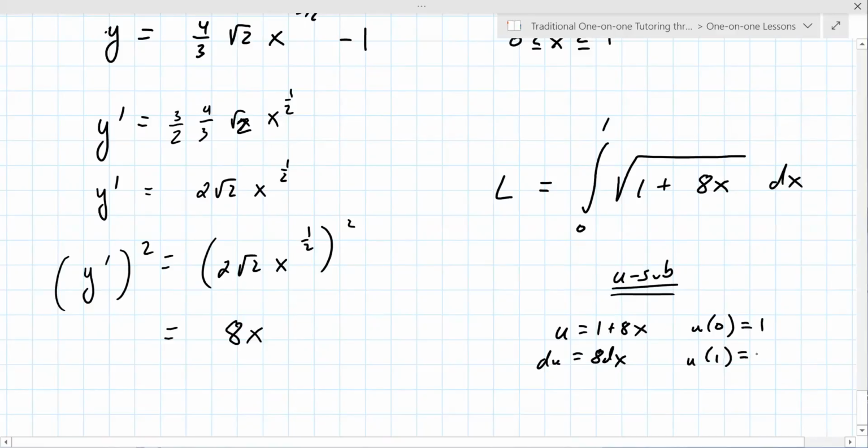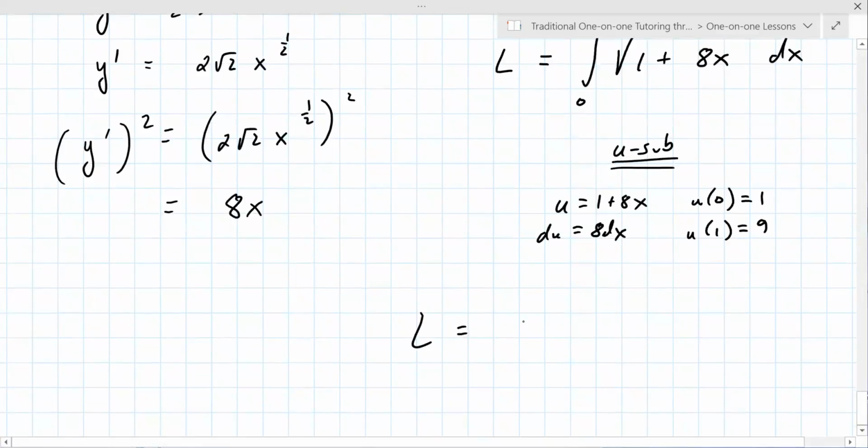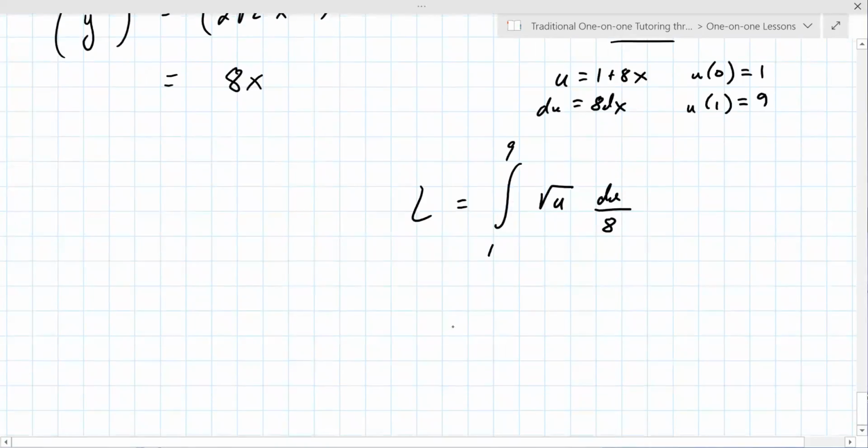U of 1 is 9. So the new integral for the length becomes the integral 1 to 9, square root of u, and then dx is du over 8. Just a slight rewrite here: 1/8 integral 1 to 9 u to the 1/2 du.